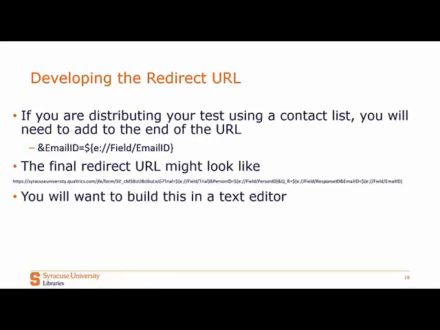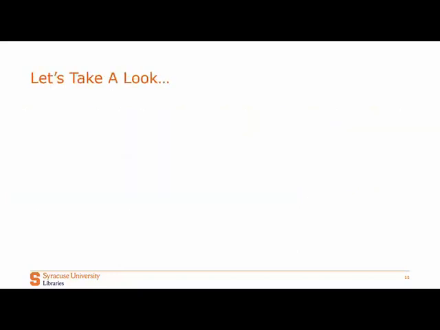If you are distributing your test using a contact list, you'll need to add some more to the end of the URL, namely the email ID. So the final redirect URL might look like this. Again, you will want to build this in a text editor. Let's take a look.